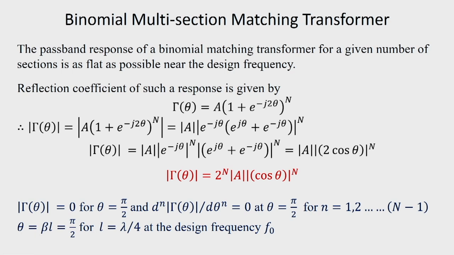That means now we are considering a binomial multi-section transformer where each transmission line section is lambda by 4, or quarter wave long, at the design frequency.